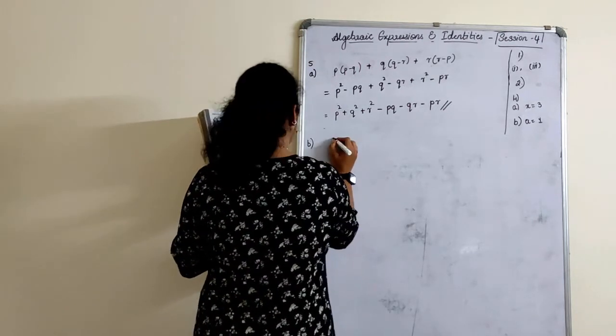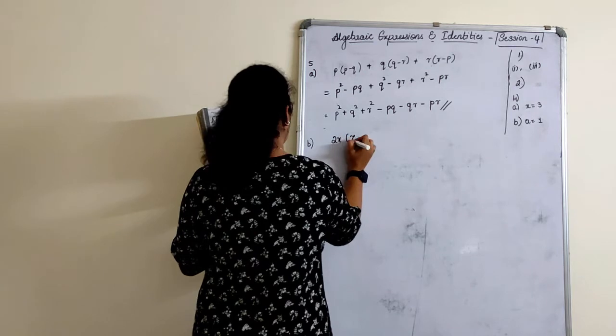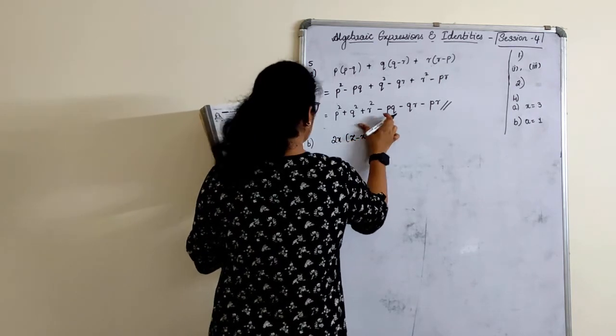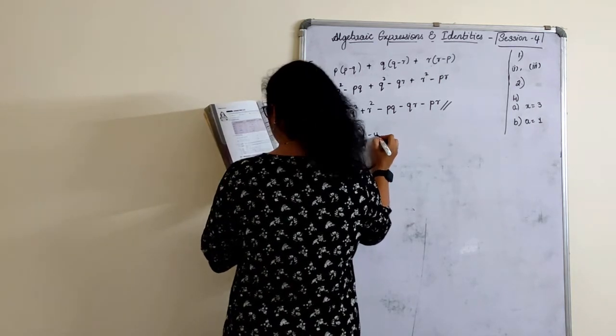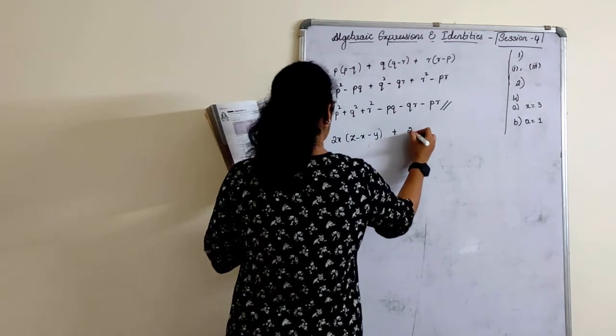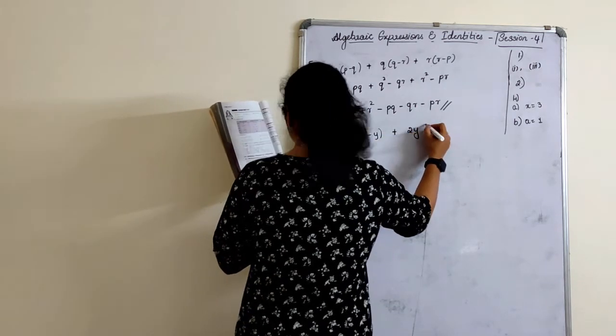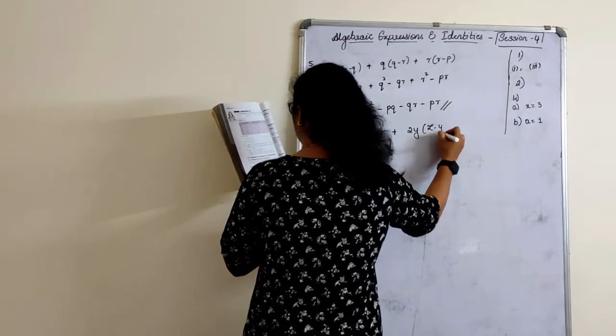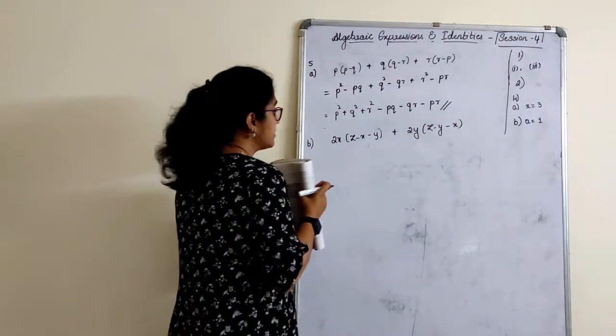Next one, B part. 2x of z minus x minus y plus 2y, and is always plus, z minus y minus x.